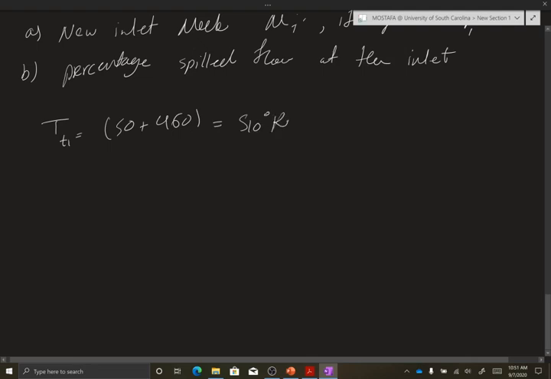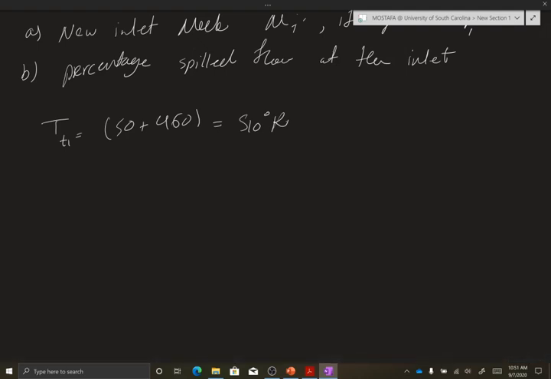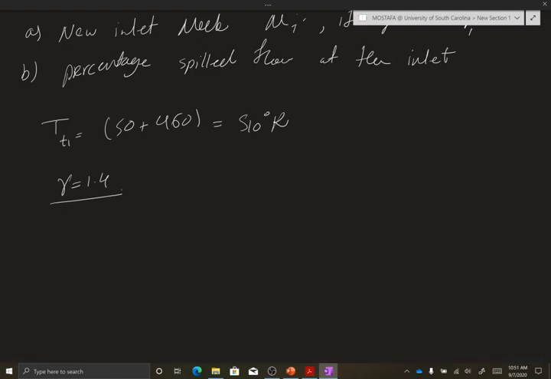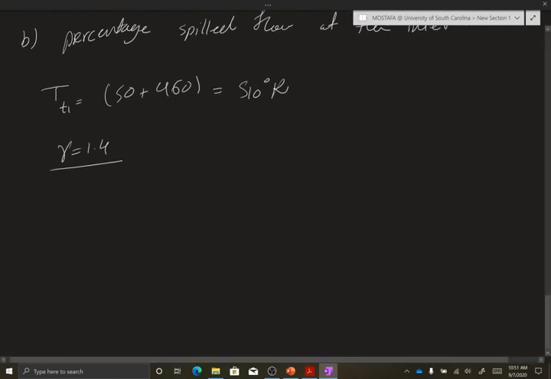Then we want to go back to the Rayleigh tables for gamma equal to 1.4 in this case, not 1.3, and find the temperature ratios, because we want to calculate the sonic heat rate for this specific inlet. TT star minus TT1, right? We have seen this before. This is also Q star.